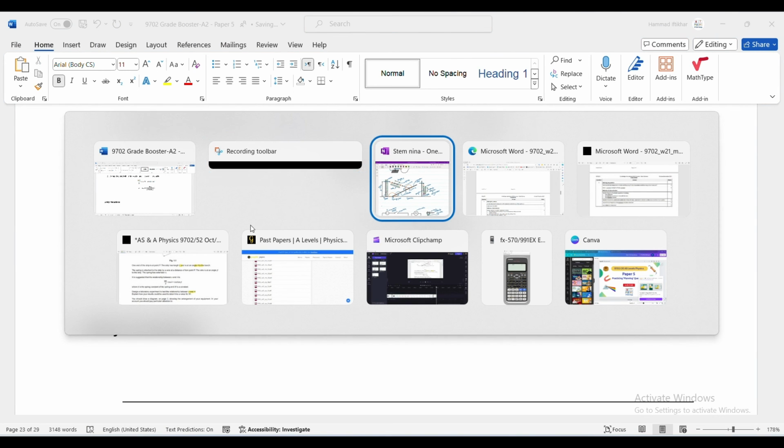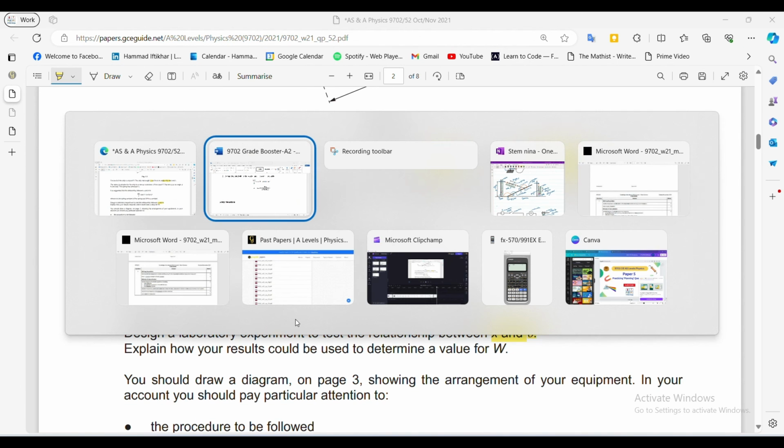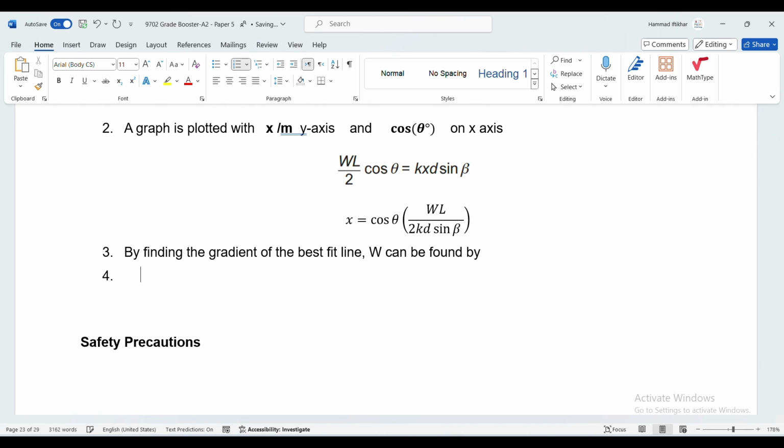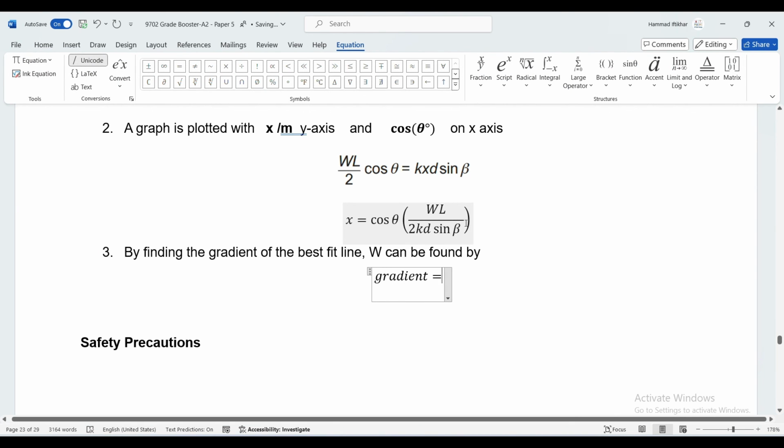W. We are going to find out the W. Okay. So W, obviously, by finding the gradient of the best fit line. W can be found by, so first the gradient is equal to this entire thing.